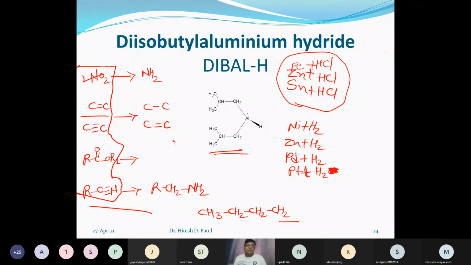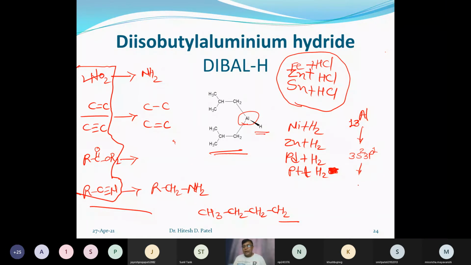Now in Dibal H, instead of the two isobutyl groups, one Al aluminum is there and one hydrogen is there. Normally, what is the chemistry of aluminum? Aluminum has atomic number 13, and based on the electronic configuration, aluminum has 3s2, 3p1.